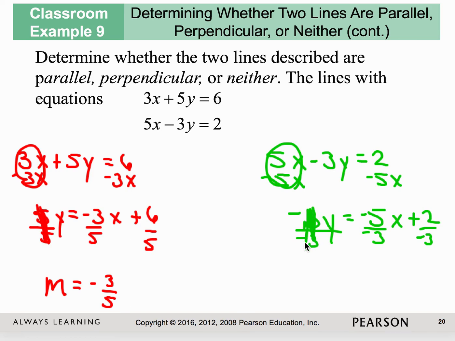Okay, so basically I've got it solved for y, so I know the slope of this line is a negative negative, which is positive 5/3. Okay, one's positive and one's negative. 3/5 and 5/3, hey, these things are perpendicular. They have negative reciprocal slopes.